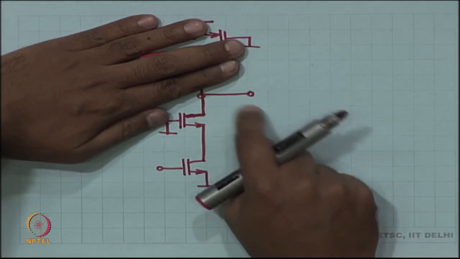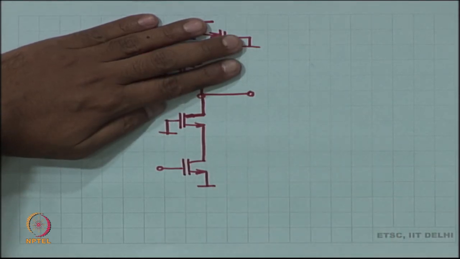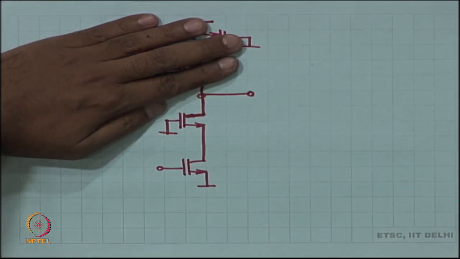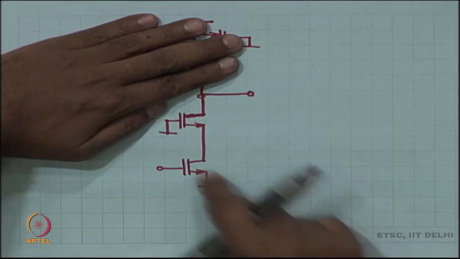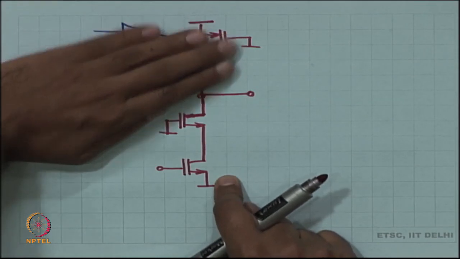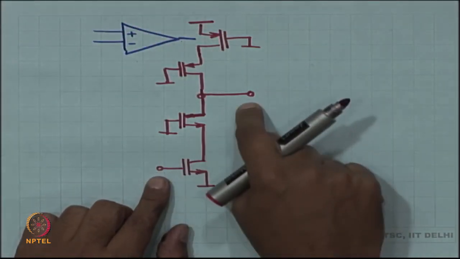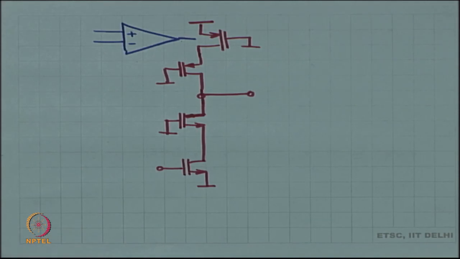How low is it? It is 1 by Gm of this MOSFET as opposed to going through RDS of this. So, approximately Gm of this bottom MOSFET is the transconductance.